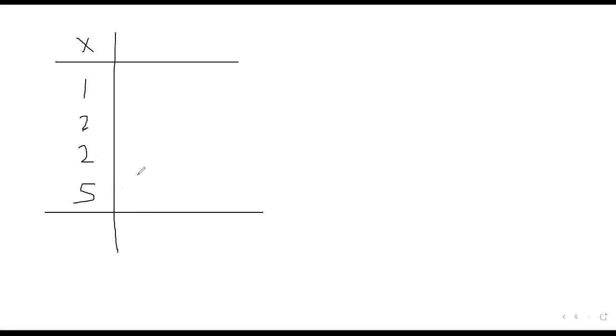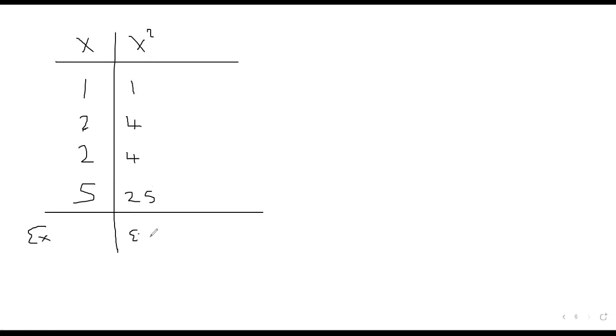So let's calculate our mean and the variance. So we square this. So 1 squared is 1, 2 squared, 4, 2 squared, 4, 5 squared is 25. So let's total up here. This is called the summation of x.